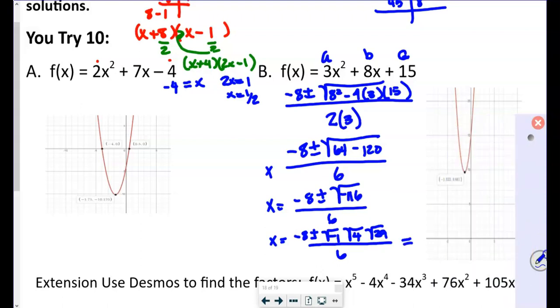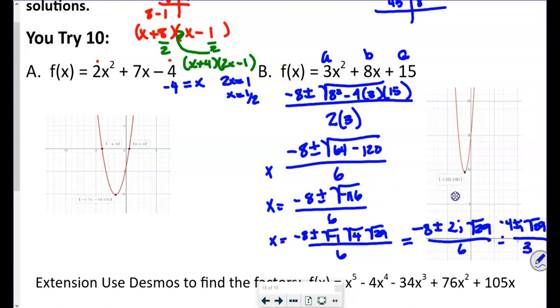So this is going to be equal to -8 plus or minus 2i square root of 29 over 6. Everything's divisible by 2, isn't it, y'all? Yep. So my final answer will be -4 plus or minus i square root of 29 all over 3, because everything was divisible by 2.